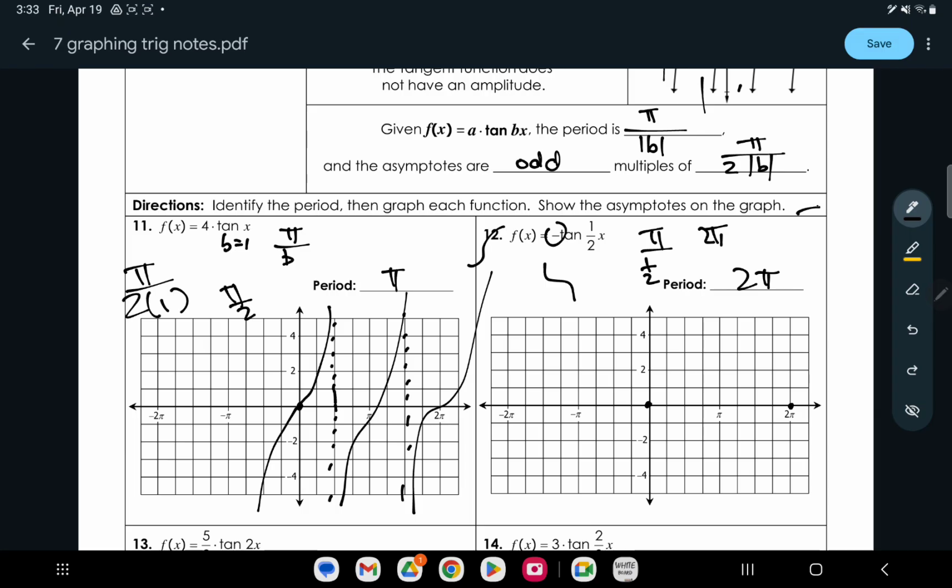And the asymptotes are pi over 2 times b. b is 1/2, so it repeats every pi. So it looks something like that. Repeat, so it's something like that. That's terrible.